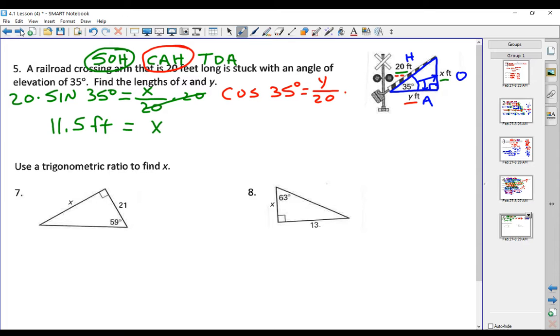Just like before, I want to multiply both sides by 20, and that's going to cancel out over here and give me Y. 20 times the cosine of 35 degrees is 16.4 feet. So X is 11.5 feet, and Y is 16.4 feet.